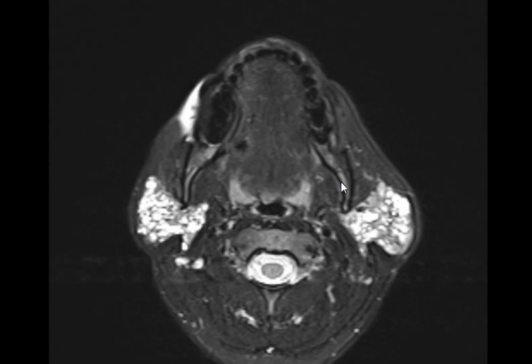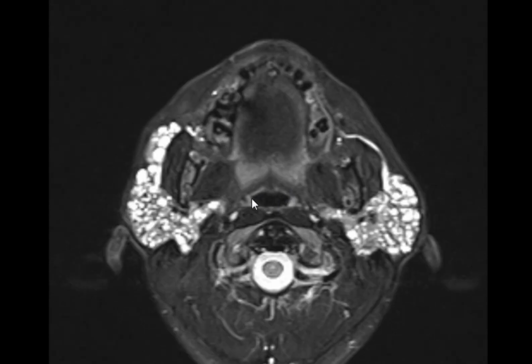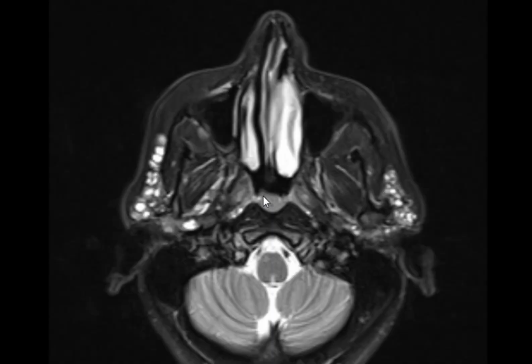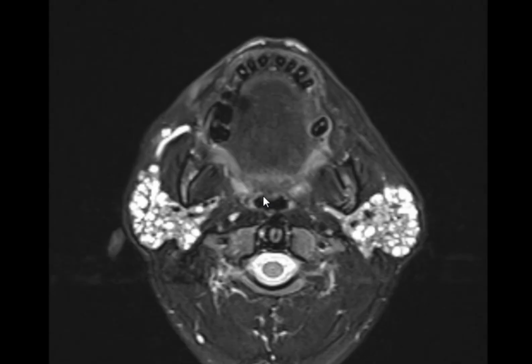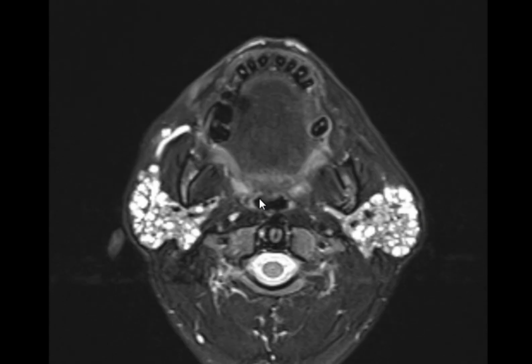Okay, the bilateral parotid gland is enlarged, containing multiple cystic spaces. Why contrast? No need for contrast. What is this sequence? This is MR sialogram. Okay, MRI sialogram.